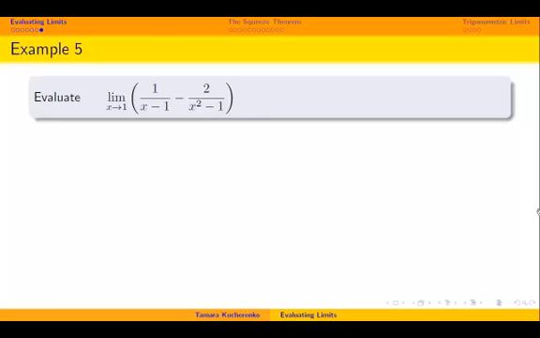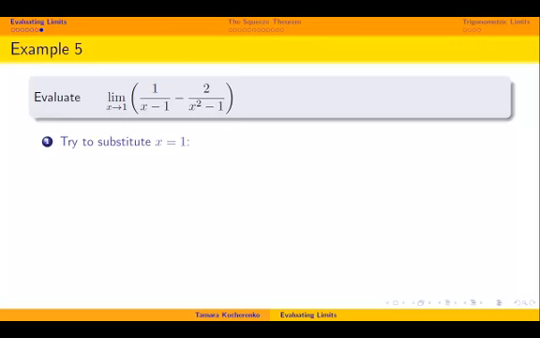Our last example is to evaluate the limit as x approaches 1 of 1 over (x - 1) minus 2 over (x squared - 1).